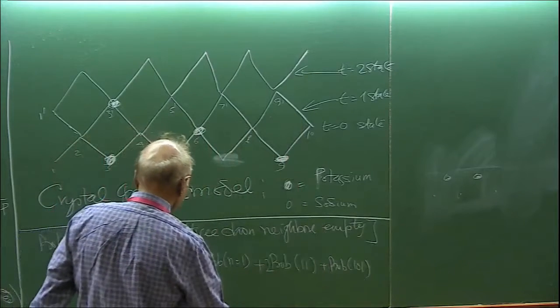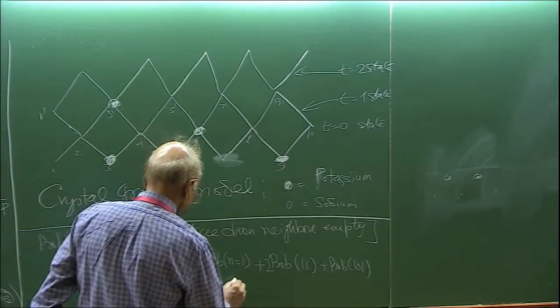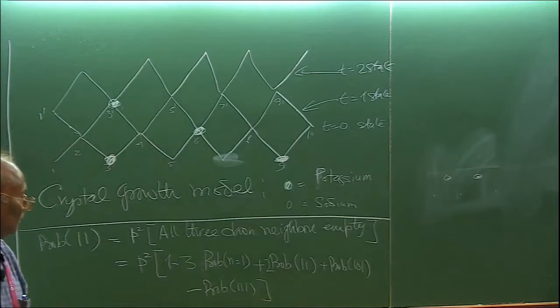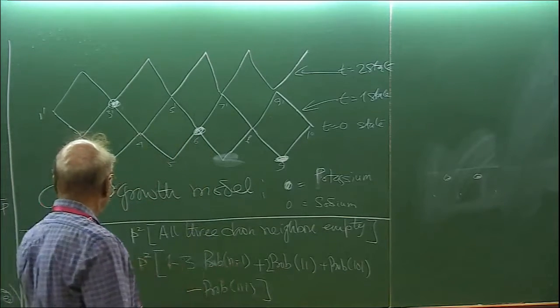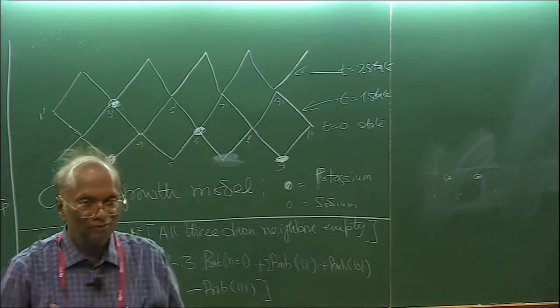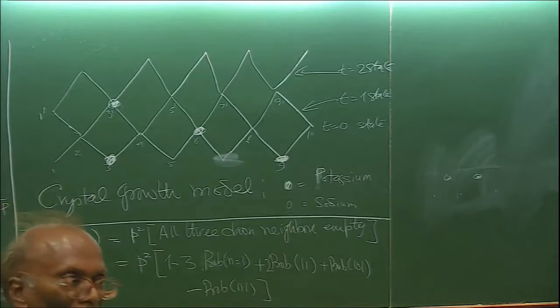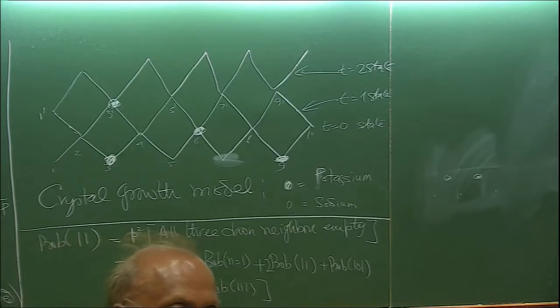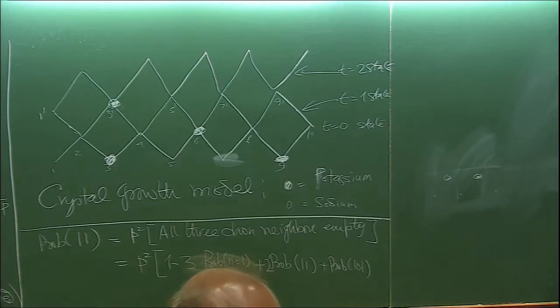But then I have overcounted, and so I write prob 111. So this is the same as before, but these two are new objects. Prob 101, prob 111. So I will write similar equations for these, and so on. So there is an infinite hierarchy of such recursion equations. Okay? This point is quite clear?